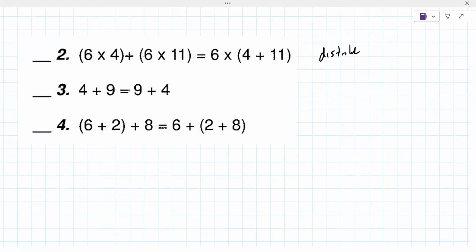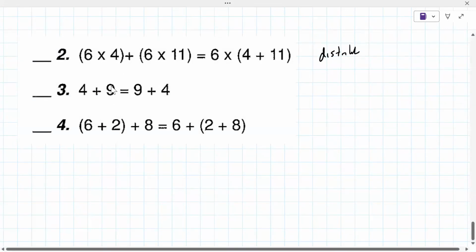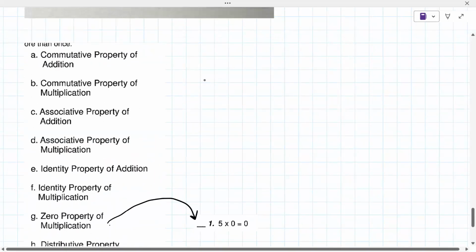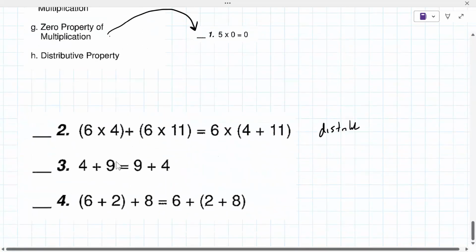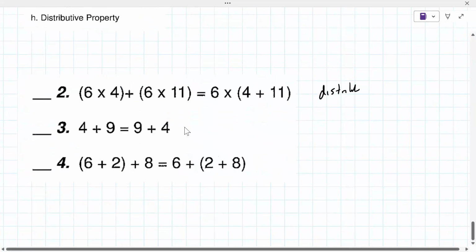With three, you have to specify whether it is addition or multiplication. Now, this is not associative because associative always involves parentheses. These involve switching order, so that would be commutative property then. You have to be more specific. You have to say of... Commutative property of addition. Yes.